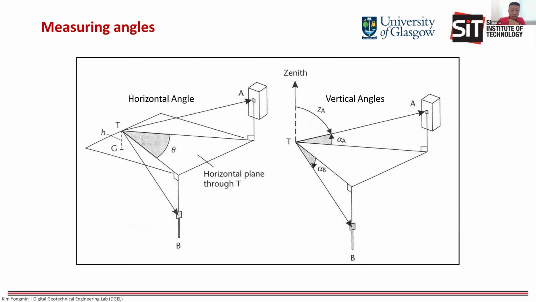And the theta you see is the horizontal angle, the azimuth that you will get from point A to point B. And when you change the vertical angle from point A to point B, that is telling you the altitude difference.